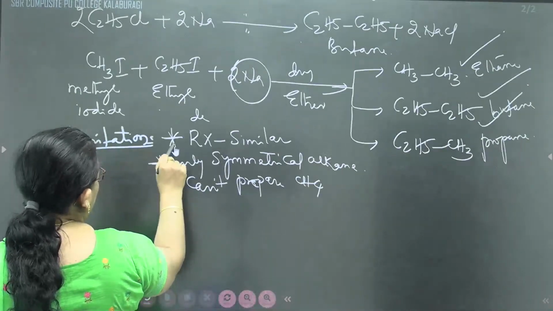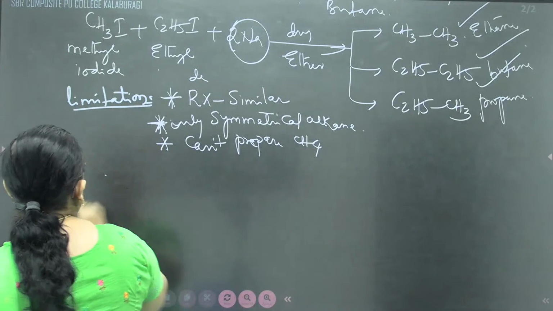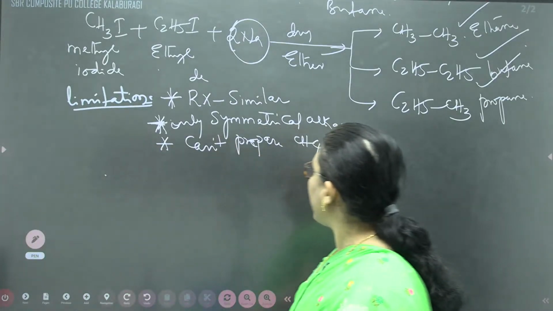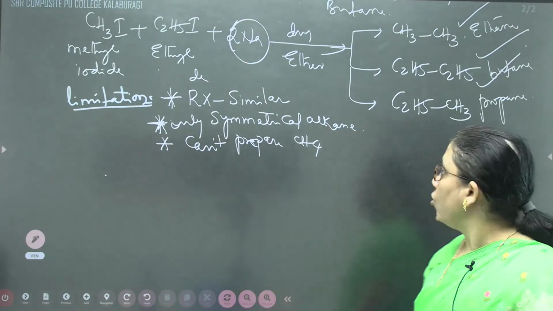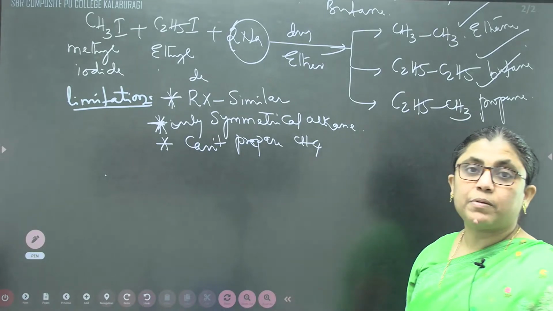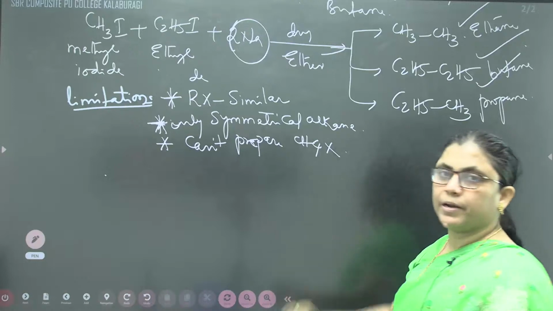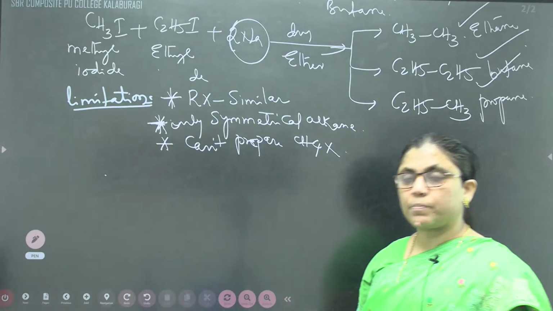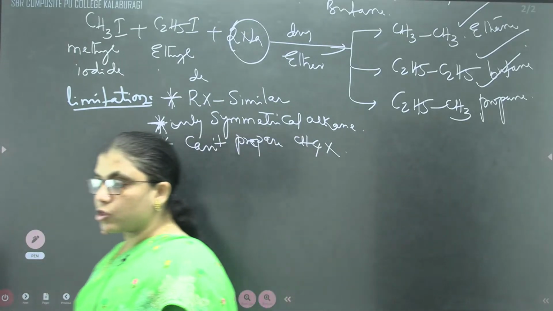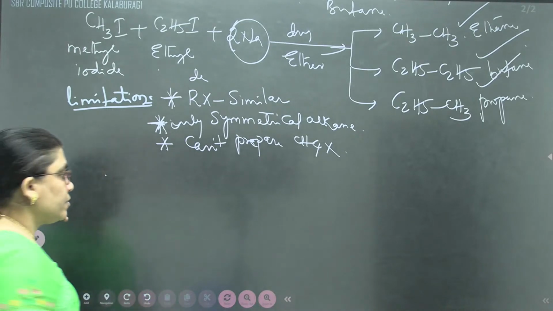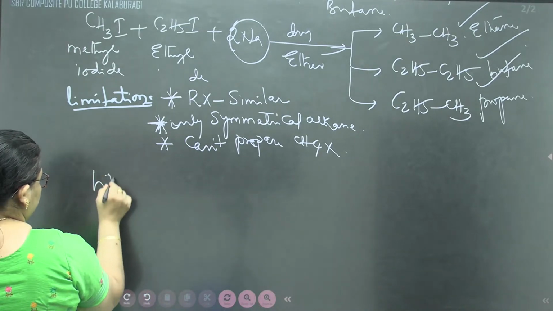That's why here we have written some limitations: alkyl halide must be similar, only symmetrical alkane can be prepared, and methane cannot be prepared. And Wurtz reaction is also called ascending of series.